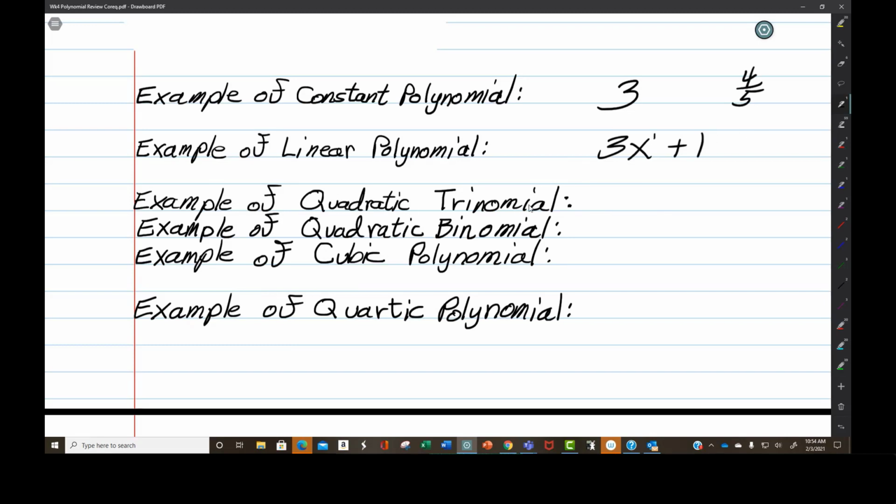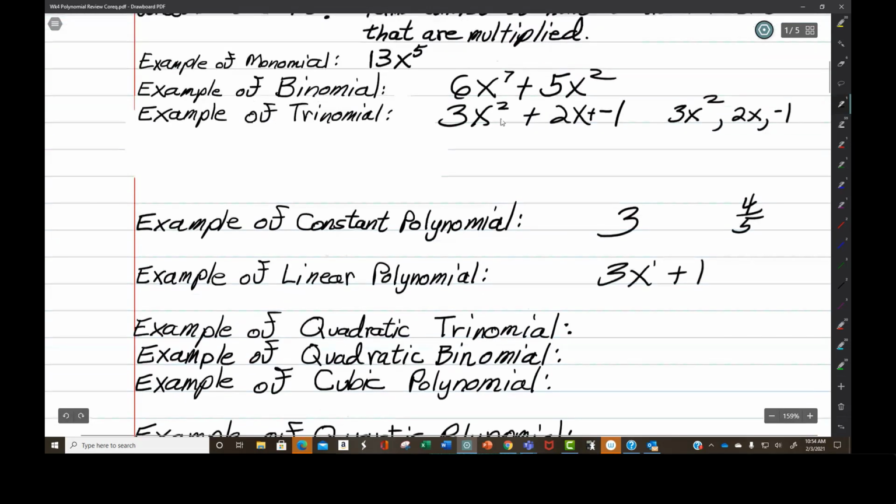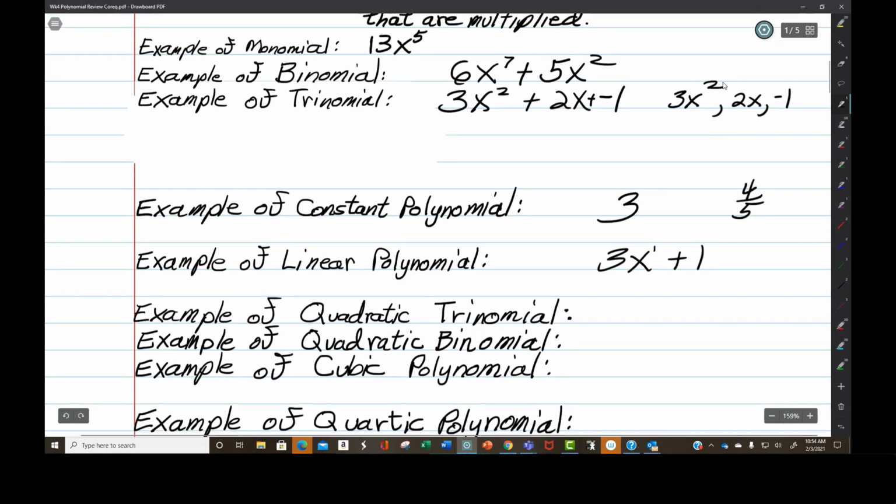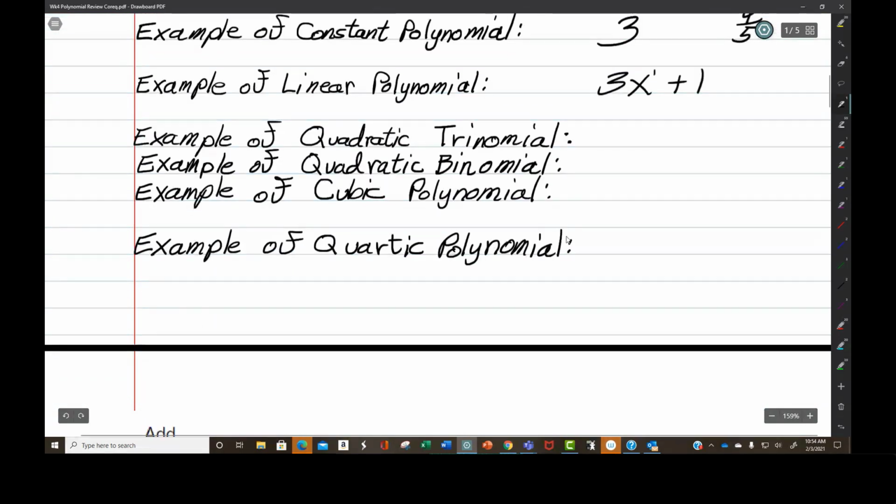An example of a quadratic trinomial, well, here was one of them: 3x squared plus 2x minus 1. And I don't know, how about x squared minus 2x minus 3? Not terribly creative. That's a quadratic trinomial, but what about a quadratic binomial? How about x squared minus 4?